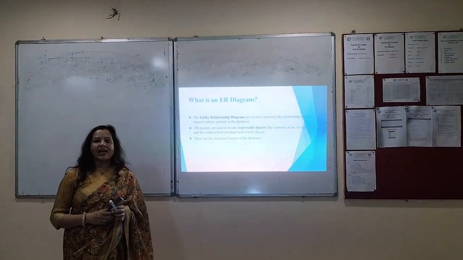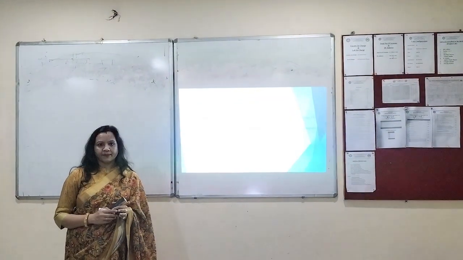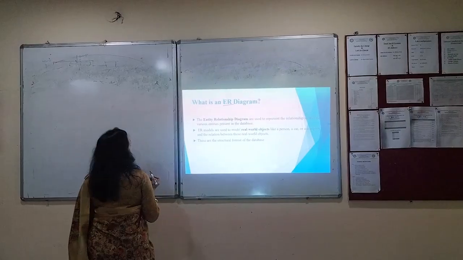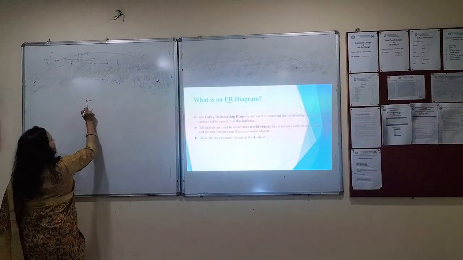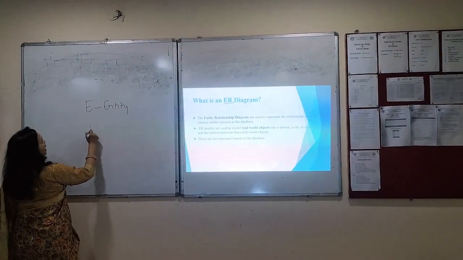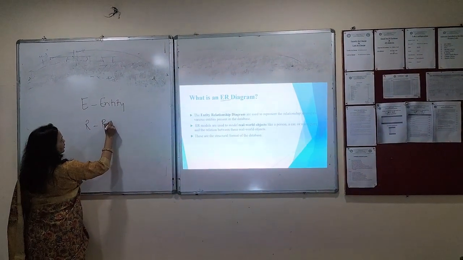So first I would like to tell you what an ER diagram is. Here we have two things in ER diagram. E stands for entity and R stands for relationship.